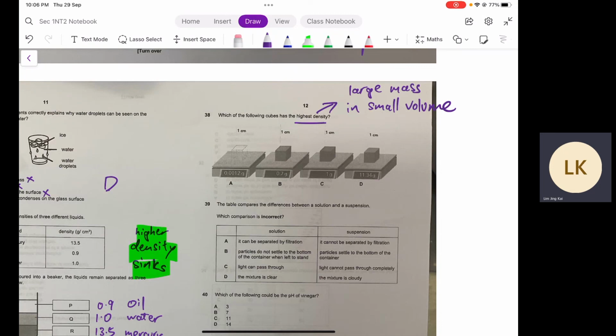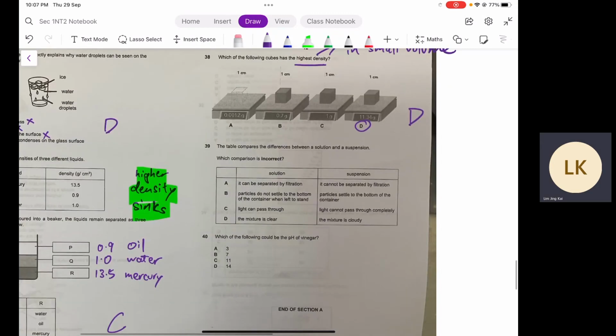By flattening it out and making it into a small boat, I'm actually increasing the volume that it can capture. Okay, so in this case, all the cubes, the volume are the same because they are all 1 cm. Okay, so we just need to look for the largest mass, which leaves D as the answer because D has 11.34 grams as the mass.